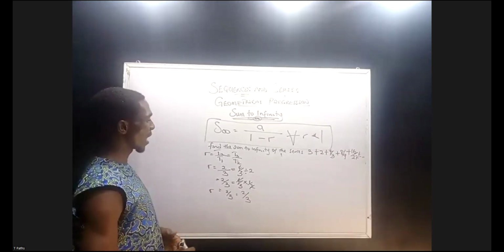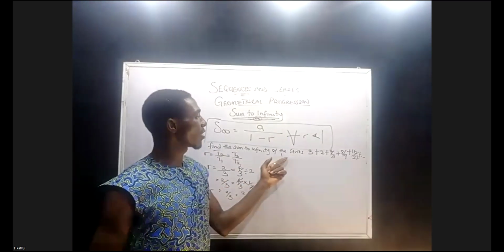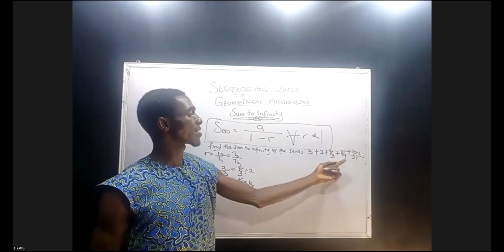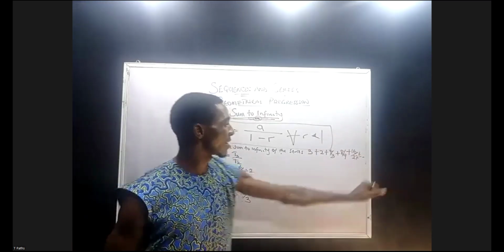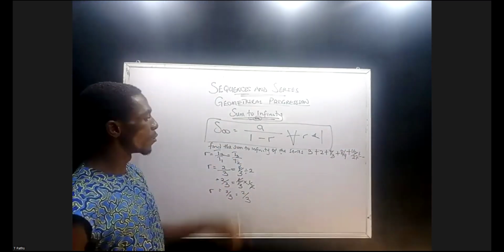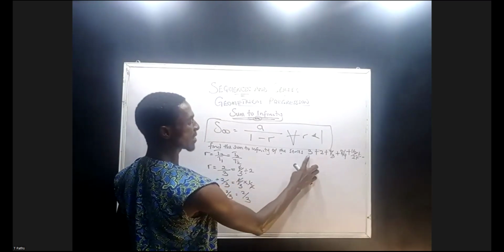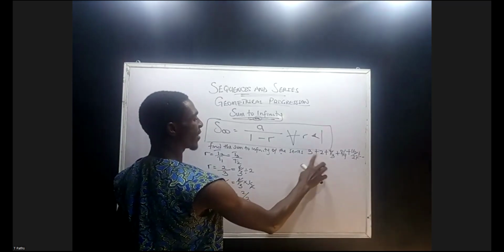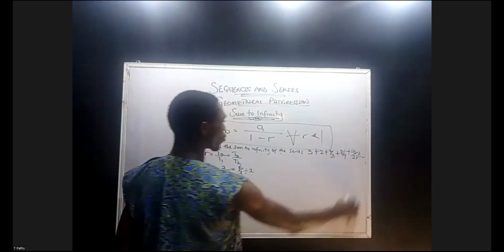Okay, I come again with the solution. Find the sum to infinity of the series 3 plus 2 plus 4 over 3 plus 8 over 9 plus 16 over 27. That is the series. You find the common ratio first by dividing the second term by the first term, or the third term by the second term. Whatever you have here must be the same thing you have here, and must be the same all through.